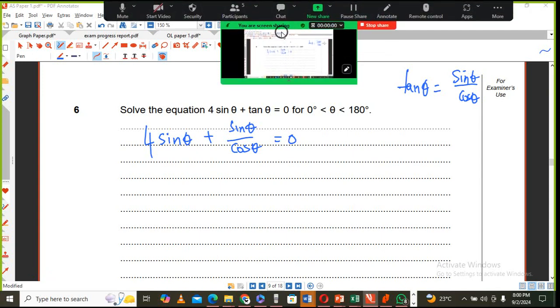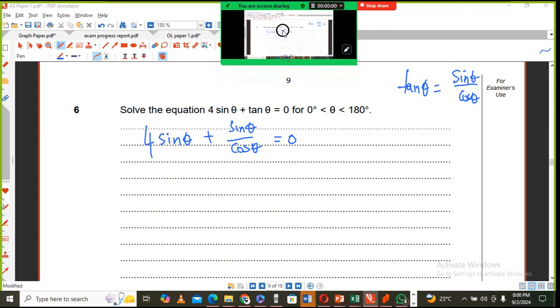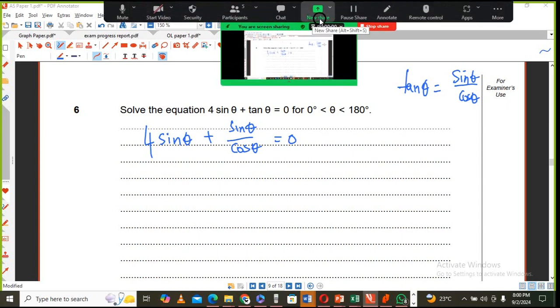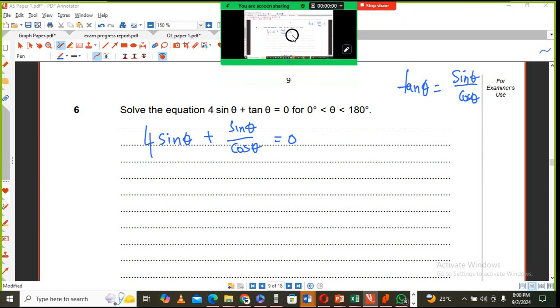Yes, sir. Can you still see my screen? Yes, we can see your screen. Okay, so multiply throughout by cos theta.